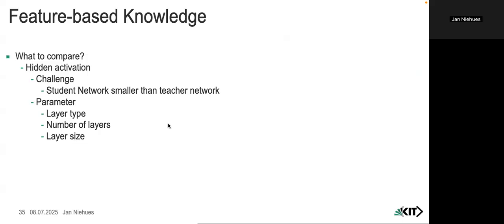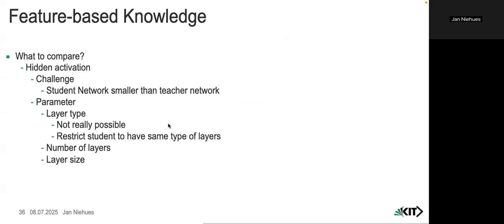And there we have to say, for now at least, we are ignoring that. If you want to distill an attention-based network into a state space model, maybe that's possible in future, but it's getting complicated. So for now, we're restricting ourselves to the student network having the same type of layers as the teacher network.